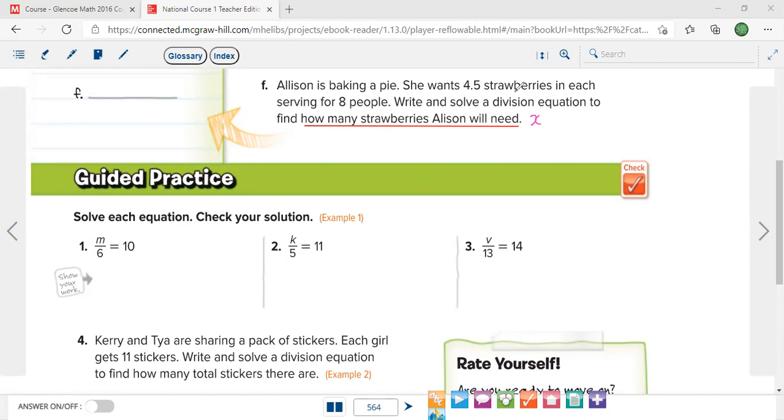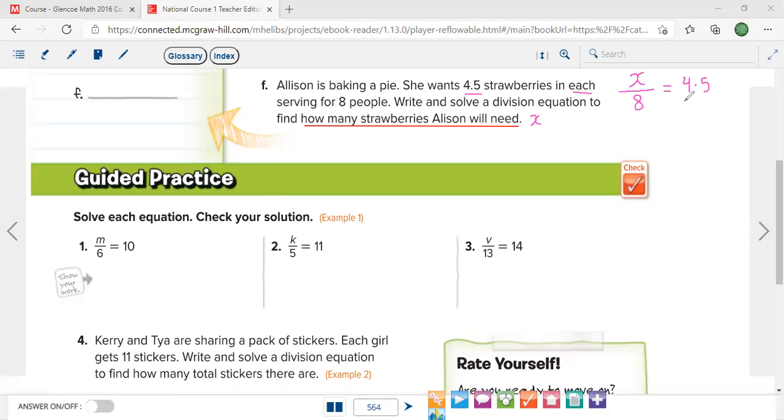She wants 4.5 strawberries in each serving for 8 people. So how many she will need in all, x, if divided by the 8 people, it should be the 4.5, because here they said 4.5 each.